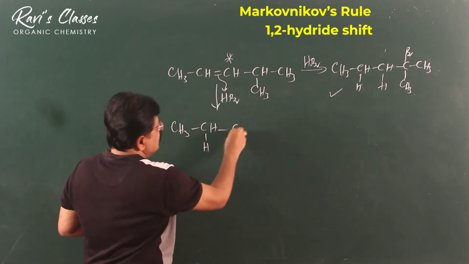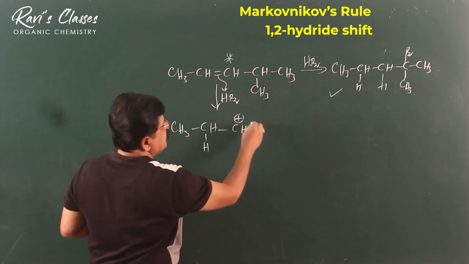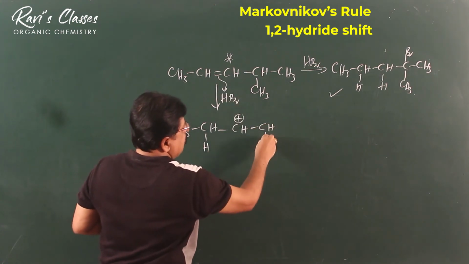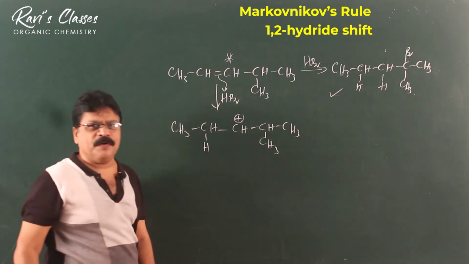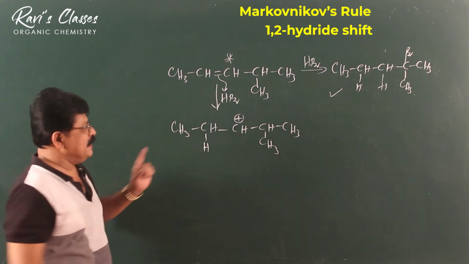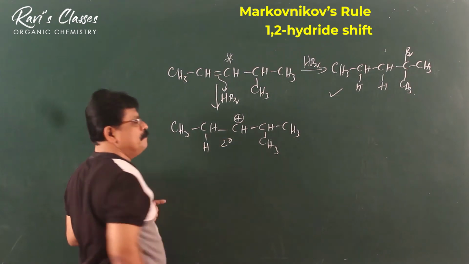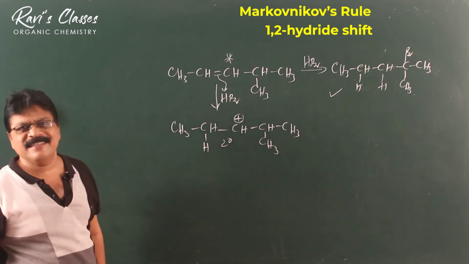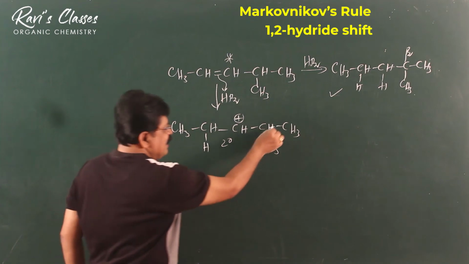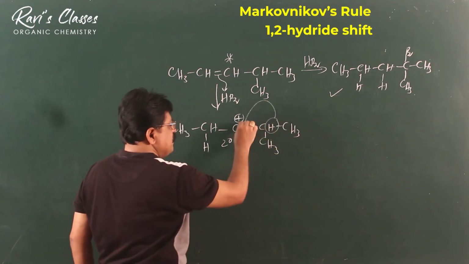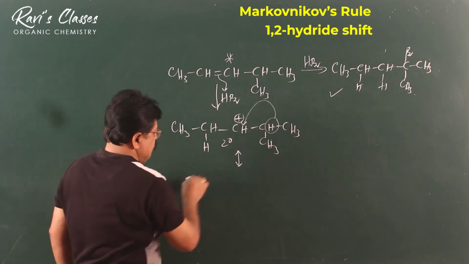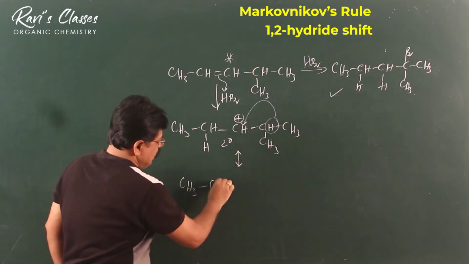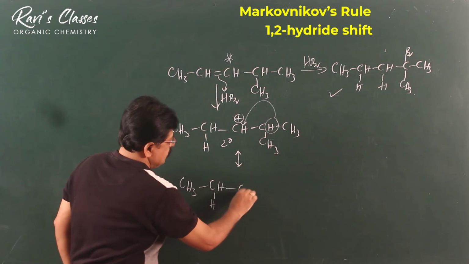H comes here, CH becomes plus, what we said is correct. So far correct. This is a secondary carbon cation. Here an interesting thing happens. This hydrogen shifts and results in the formation of this.